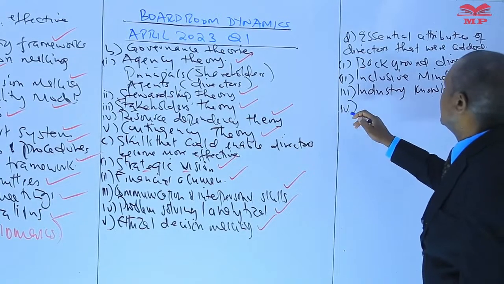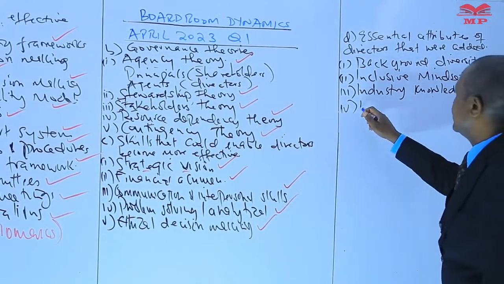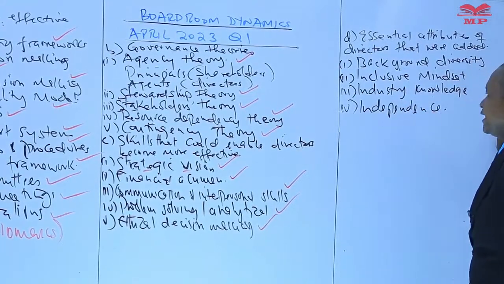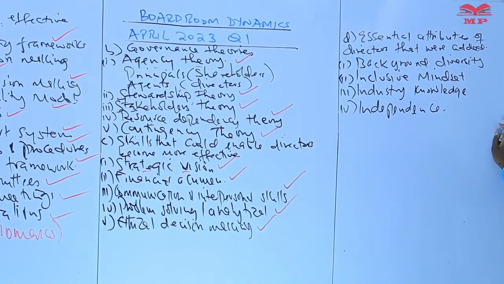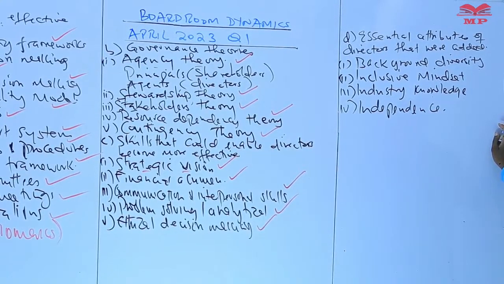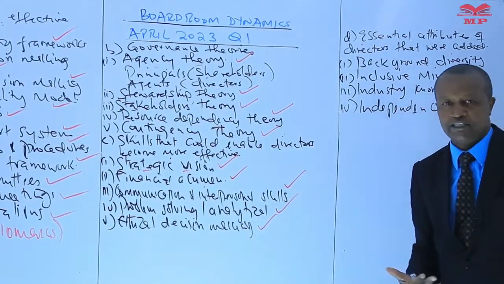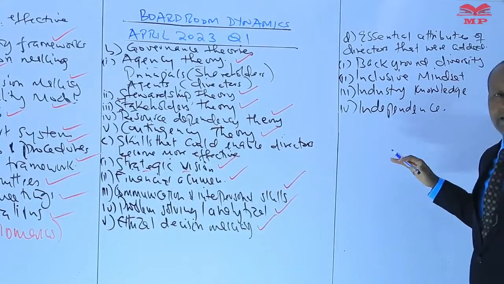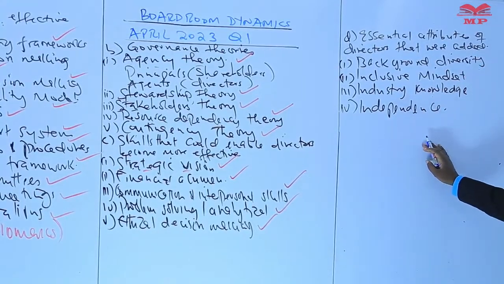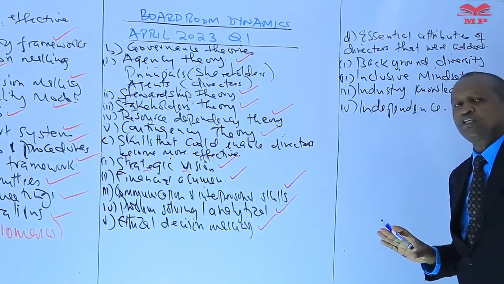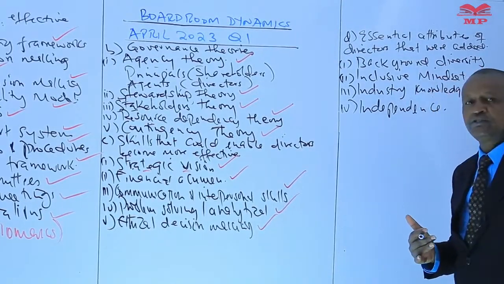Four, another essential attribute is that of independence. Directors of a company should have an independent mind. Why? Because independent directors are crucial for maintaining impartiality and avoiding conflicts of interest.